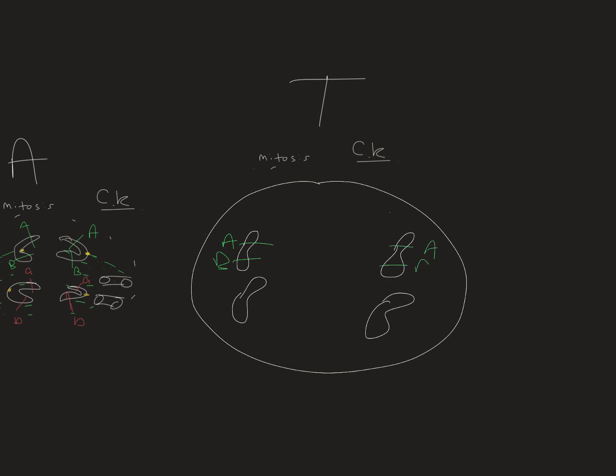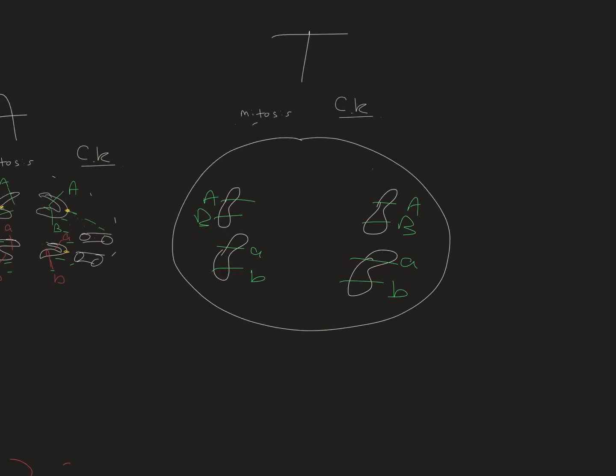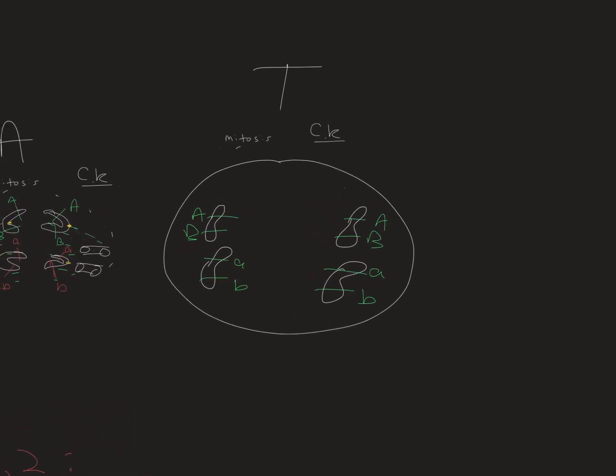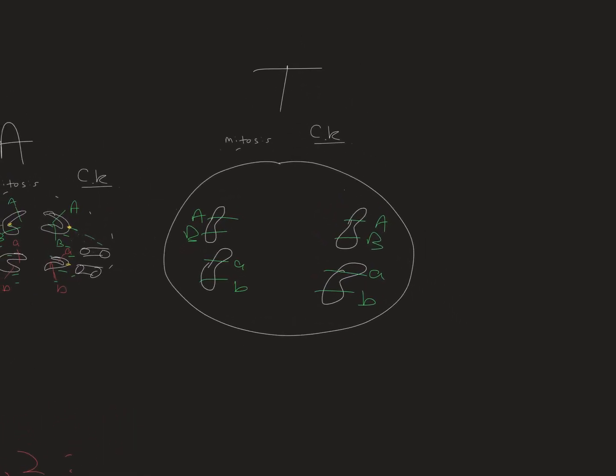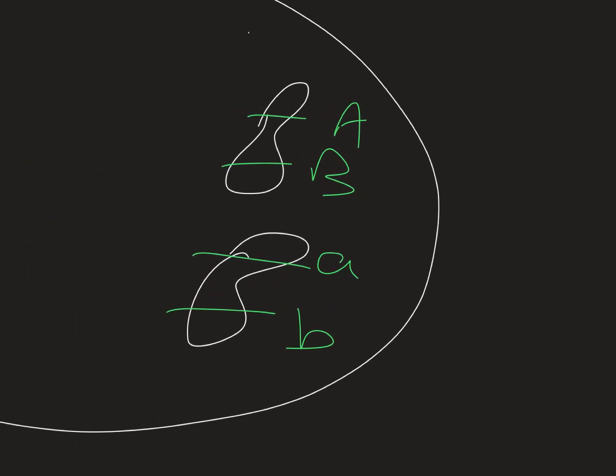Remember each chromosome can have many genes on it, but we're just simplifying it here. So what's going to happen in telophase? You've moved them over. You have a set of centrioles on each side, the way you started.